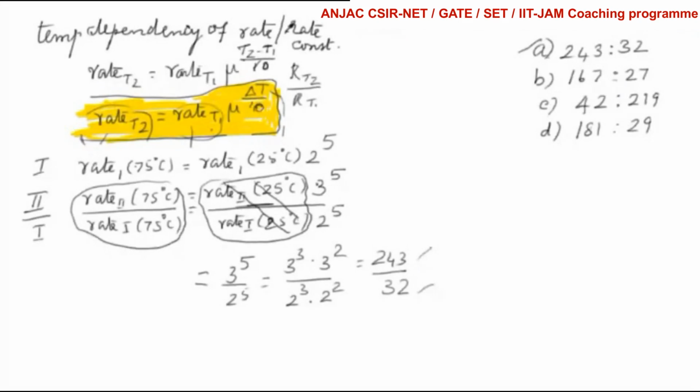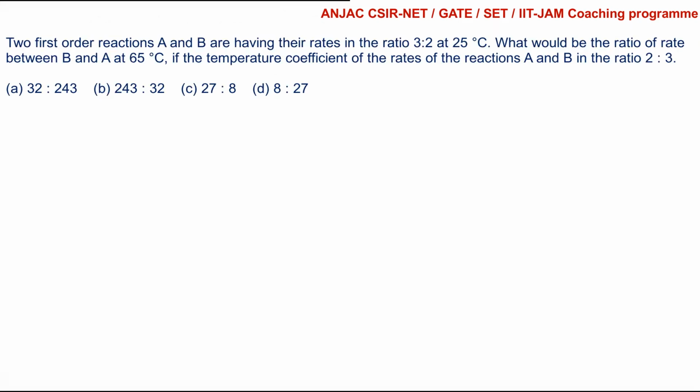If you understand this problem, now I am going to give you a problem similar to this. You can work it out at home and take down the question. Two first order reactions A and B are having their rates in the ratio 3:2 at 25 degrees centigrade.